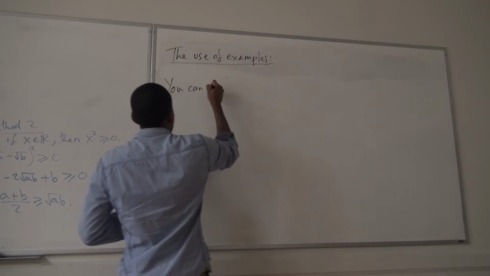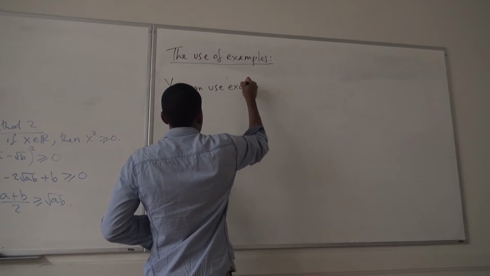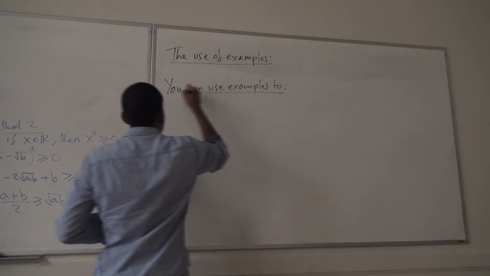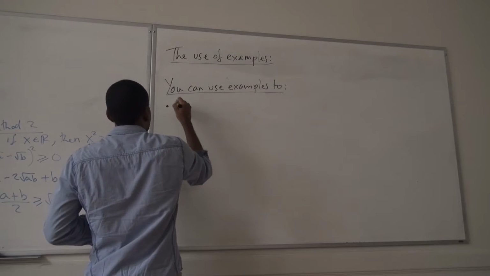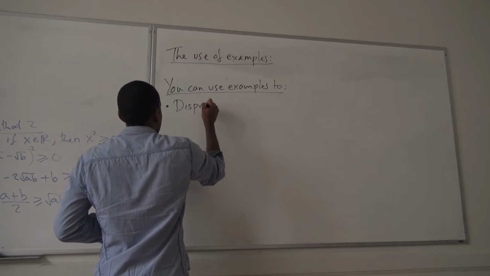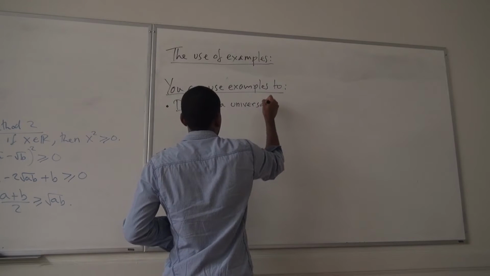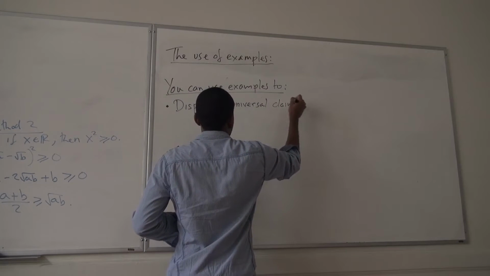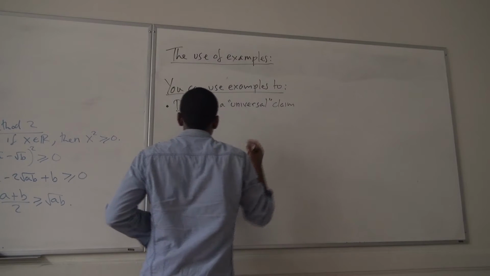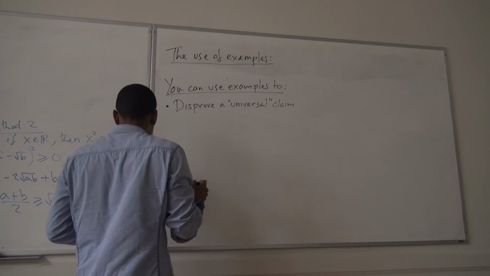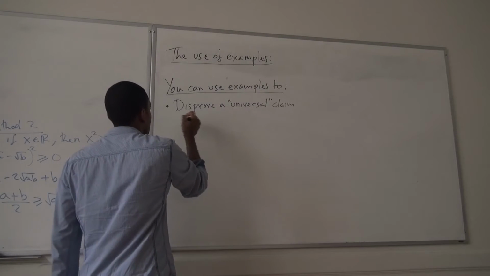You can use examples to disprove a universal thing. I put universal in quotes because that's where the vagueness can happen, so I'm going to try to explain that.